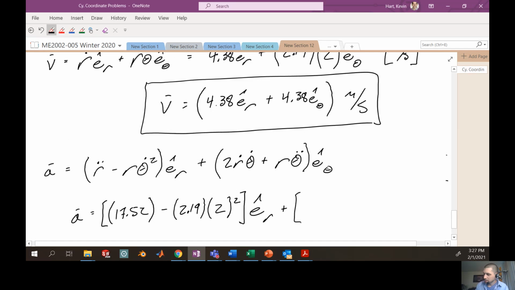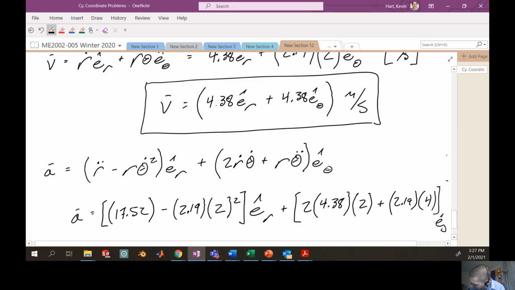Plus 2 times my radial velocity, 4.38 meters per second, times my angular velocity, just 2 radians per second, plus my position at this time, 2.19, times my angular acceleration, which was 4 radians per second squared.